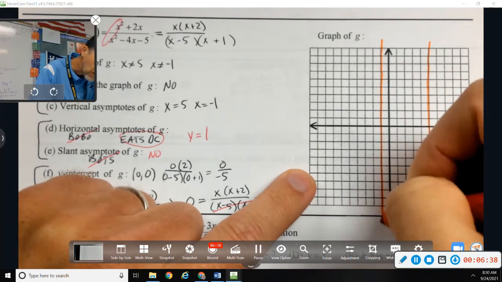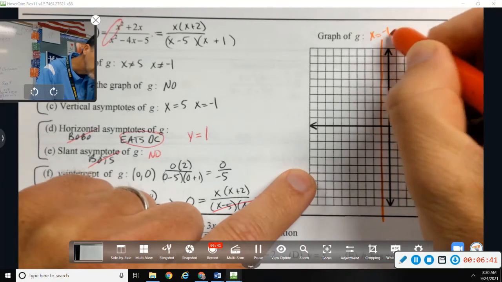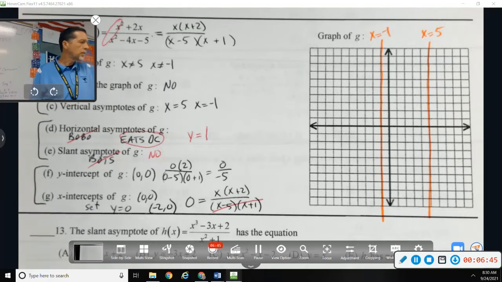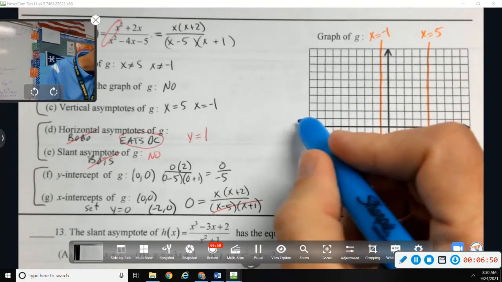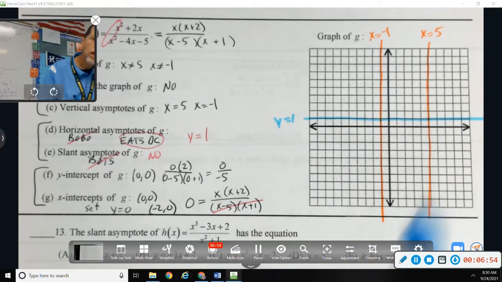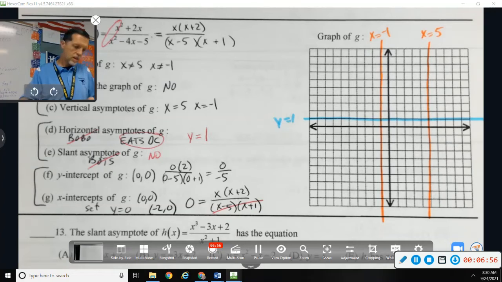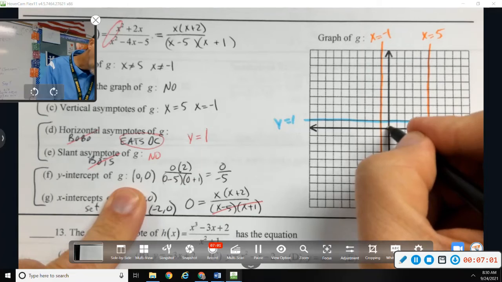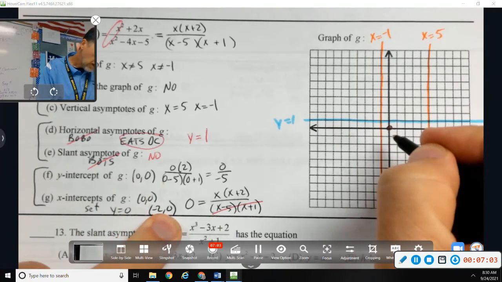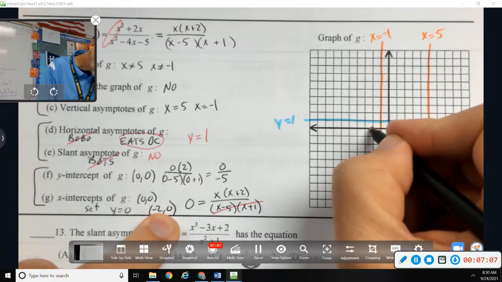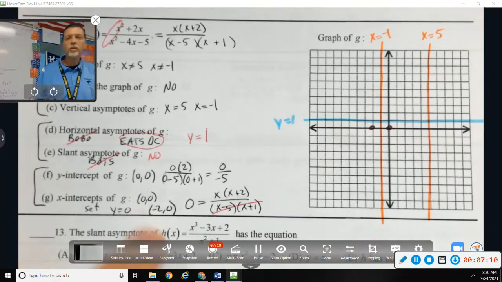Again, here's the reason I picked this problem, because there's two vertical asymptotes. Horizontal asymptote at y equals 1. Y-intercept at 0, 0. And an x-intercept at -2, 0. Well, and 0, 0, but we already have that point.